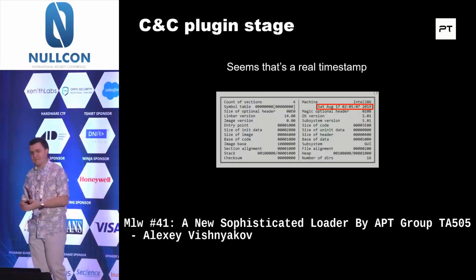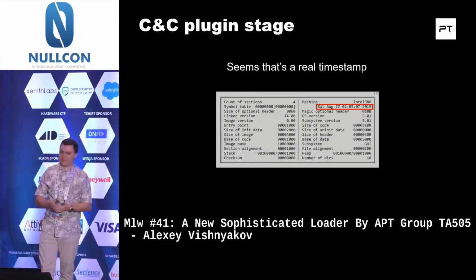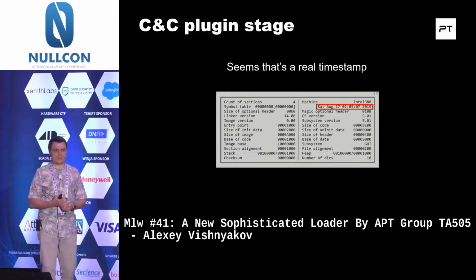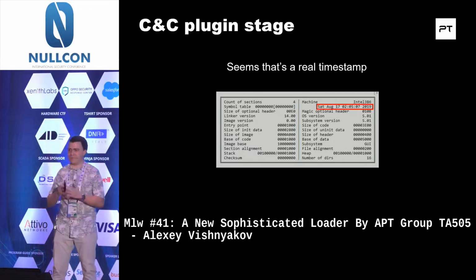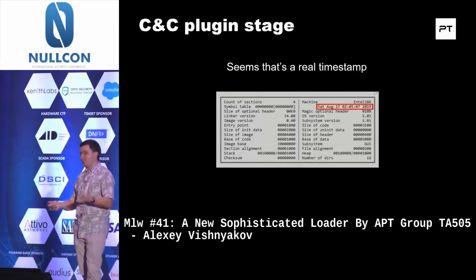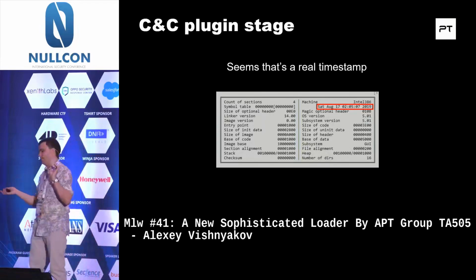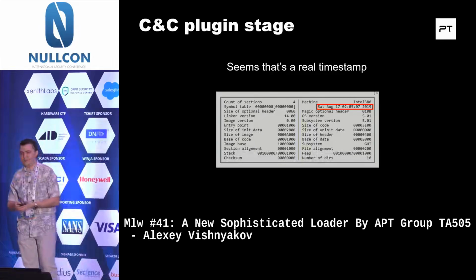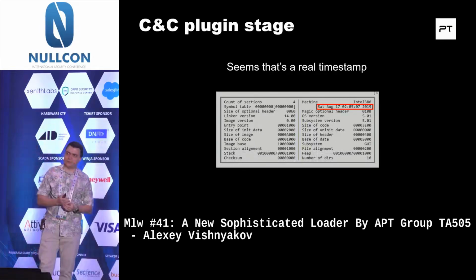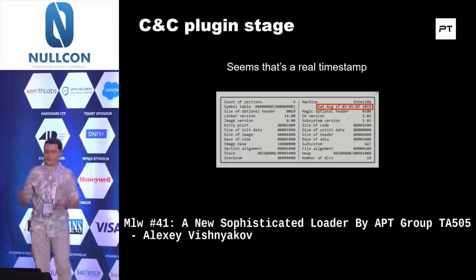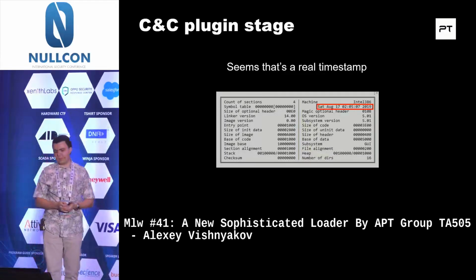So this is the only sample in this chain which has a non-forged timestamp value in the header. One more indicator of the previously mentioned approximate time when the campaign was active.